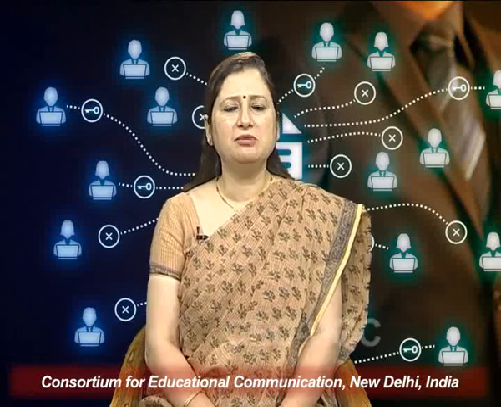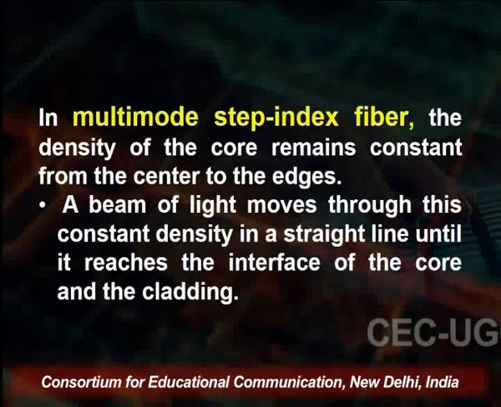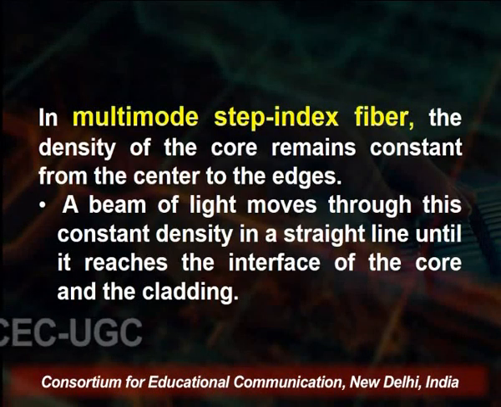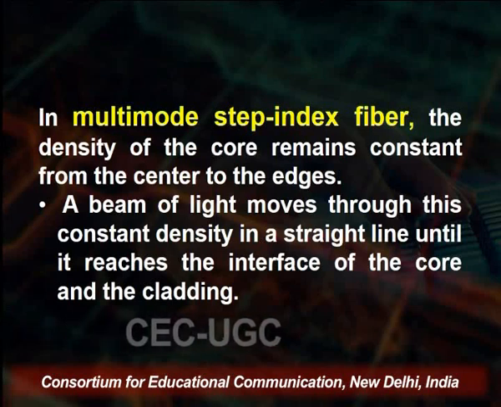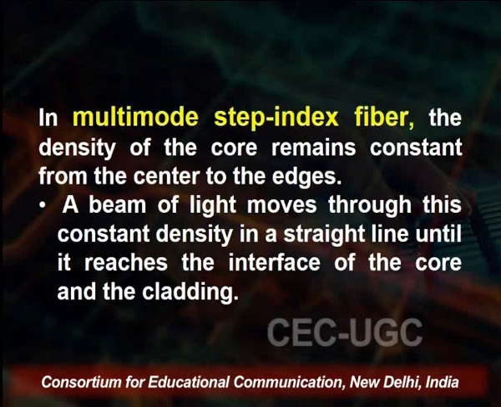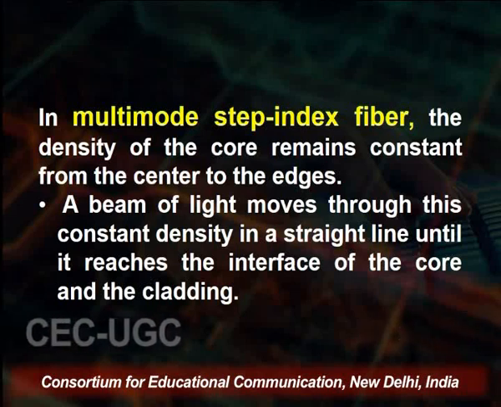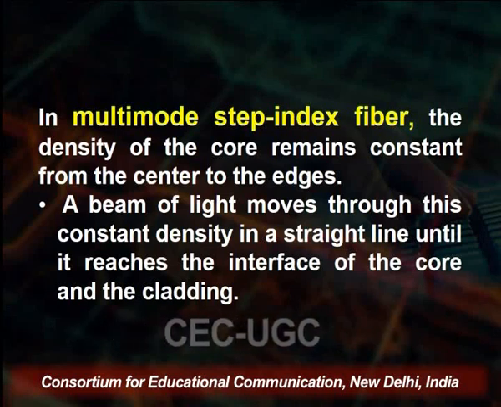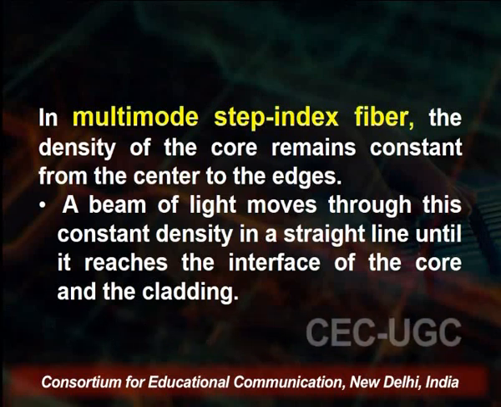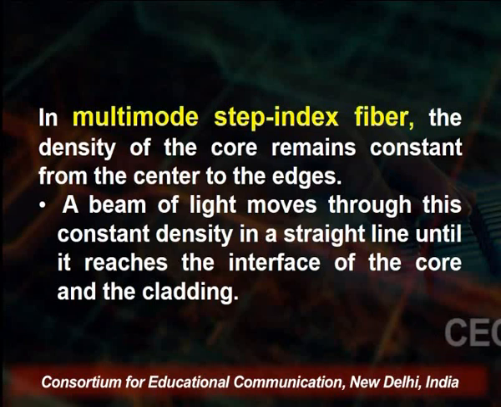So, in multi-mode step index fiber, this is a separate type of fiber, the density of the core remains constant from the center to the edges. So, the beam of light moves through this constant density in a straight line until it reaches the interface of the core and the cladding.